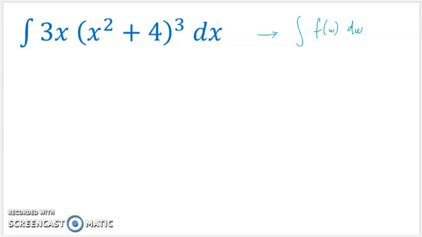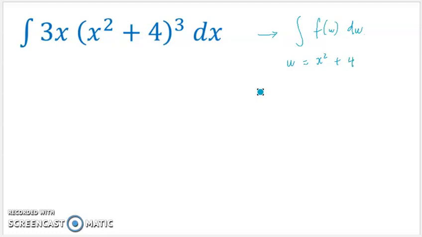Normally, in this kind of example, we are going to compare the exponents of x and we will assign the one with the higher exponent as our u. In this case, this x squared here. So we're going to assign as our u this x squared plus 4.